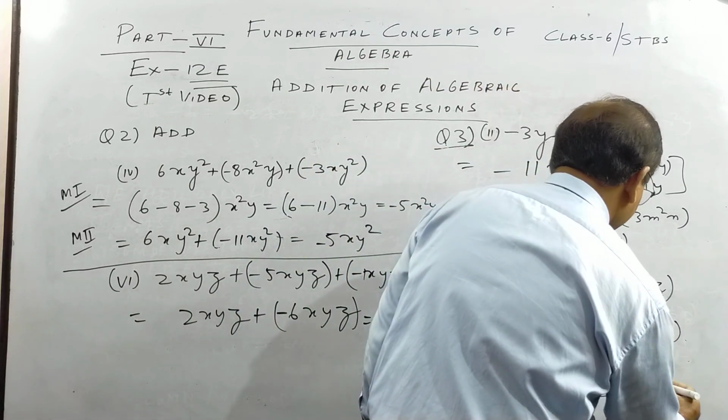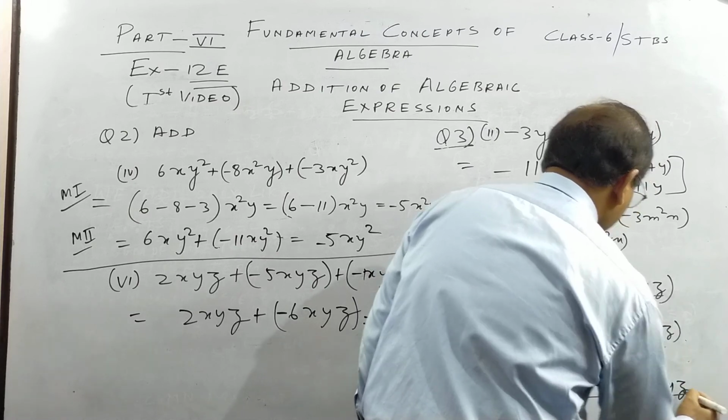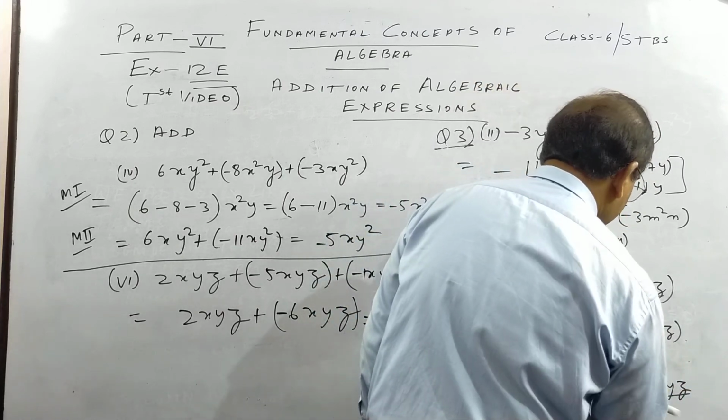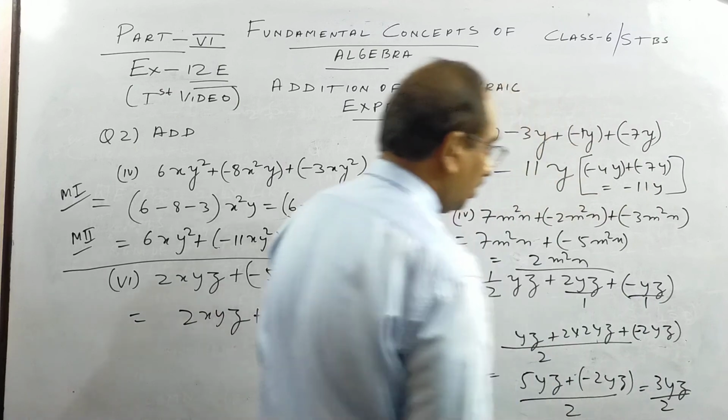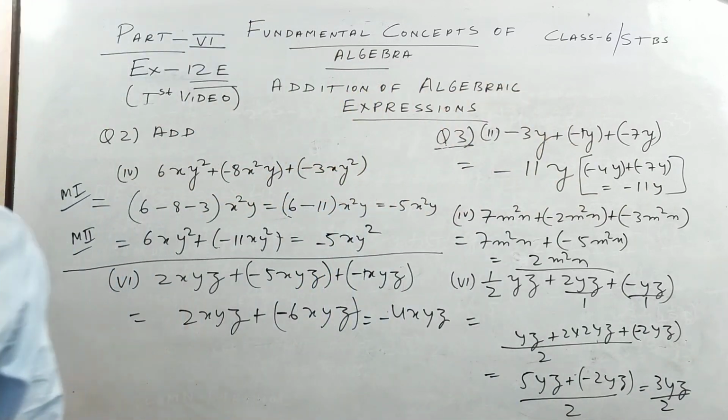This is a better method. So 3 minus 2 is 5 minus 2 is 3 by 2. So kindly pause the video and copy, then we move on to the last two questions, that is number 4 and 6.